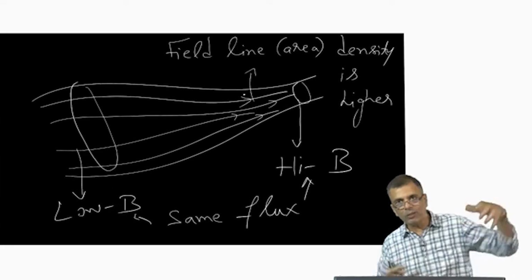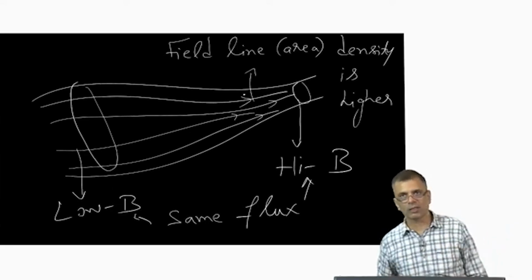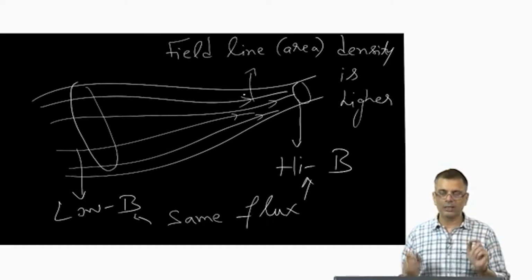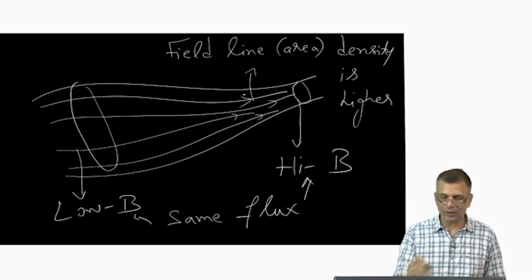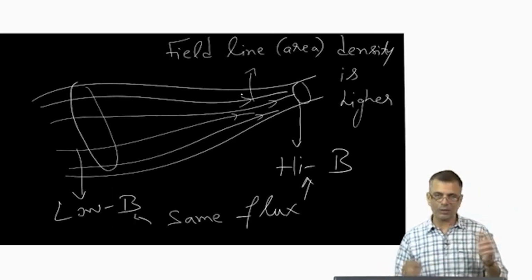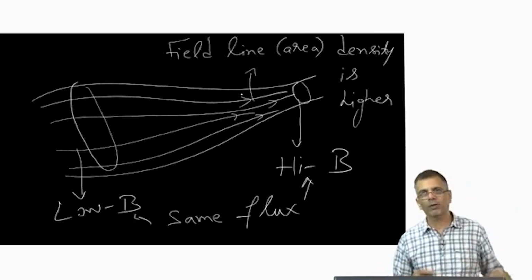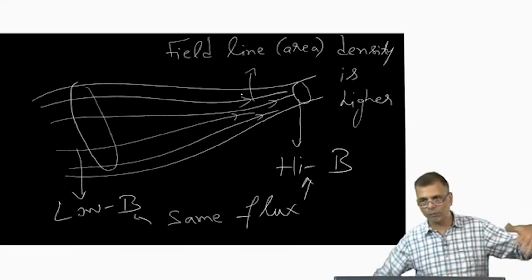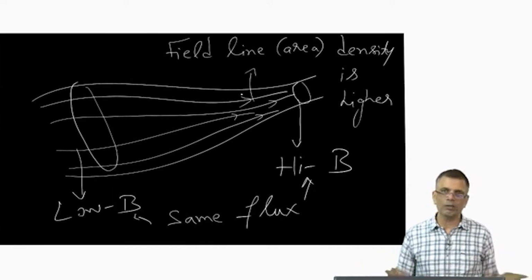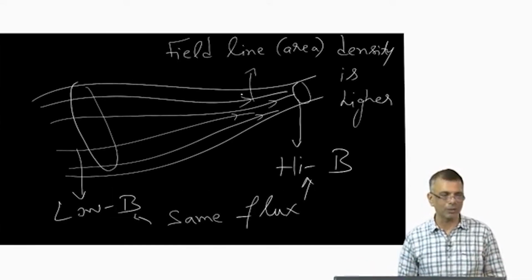The field lines are squeezed together, they are more concentrated. You can look at it as a consequence of the fact that the flux is conserved, or as a consequence of the fact that the magnetic field lines are frozen into the flow. The flow is for some reason getting constricted, and field lines have to obey the flow. That is what Alfvén's flux freezing theorem is telling you.